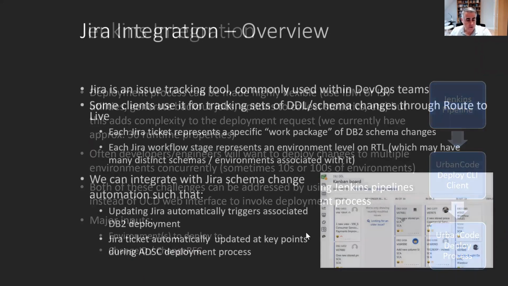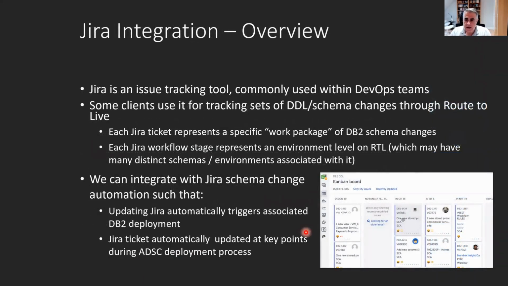And the final thing I want to talk to you about here is really the ultimate that we've taken this to in terms of ease of deployment for actually requesting these changes. So many of you will be familiar with Jira. Jira is an issue tracking tool which is commonly used in many DevOps environments to track issues and changes.